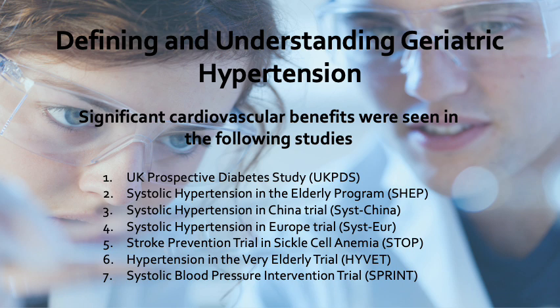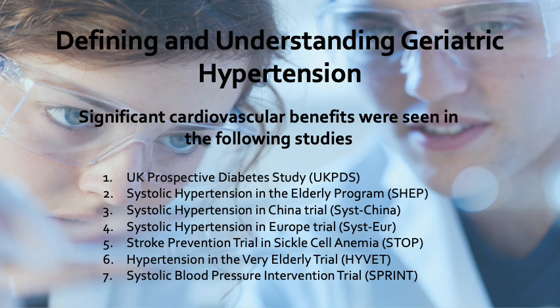Treating hypertension in the elderly was somewhat controversial until significant cardiovascular benefits were seen in studies including: 1. The UK Prospective Diabetes Study (UKPDS), 2. The Systolic Hypertension in the Elderly Program or SHEP, 3. The Systolic Hypertension in China Trial or Syst-China, 4. The Systolic Hypertension in Europe Trial or Syst-Eur, 5.